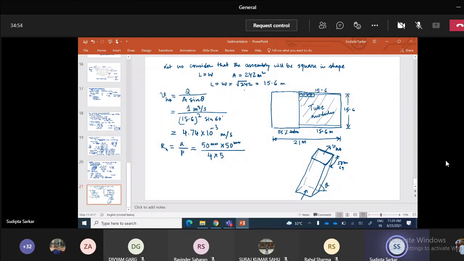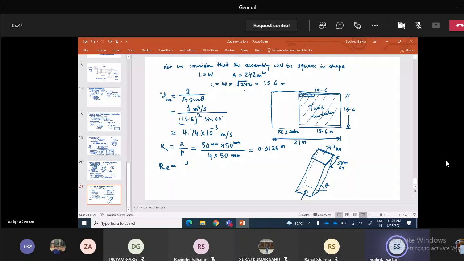I have calculated this, and this is 0.0125 meter. Then you can calculate Re equals V, the velocity through this, times rho W into RH, divided by mu.